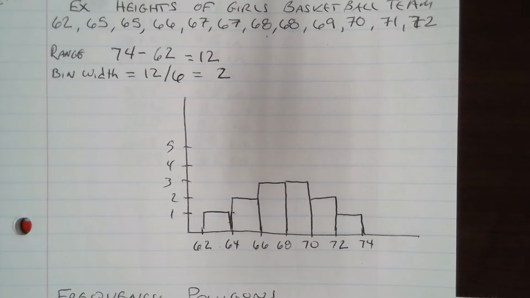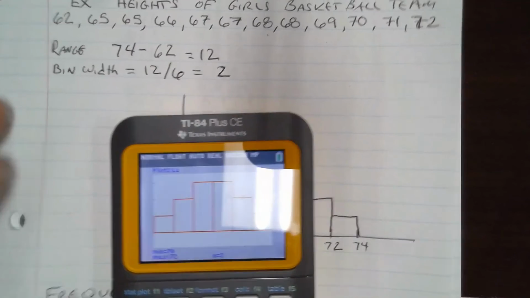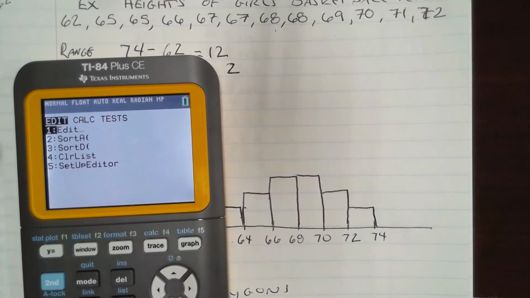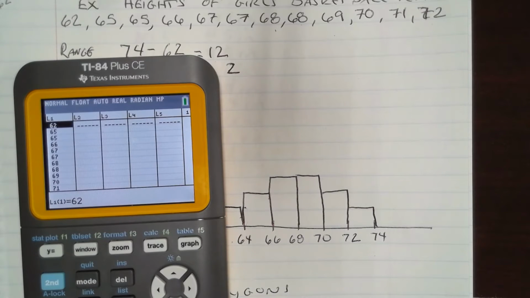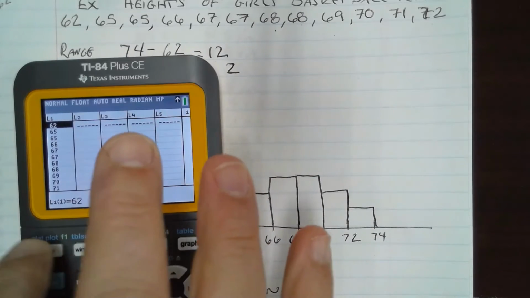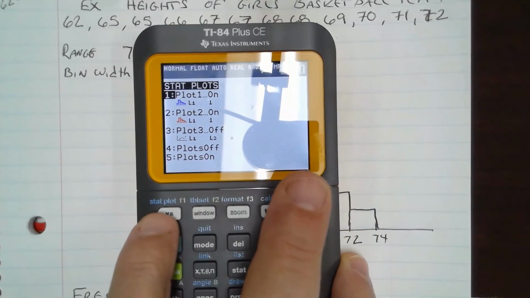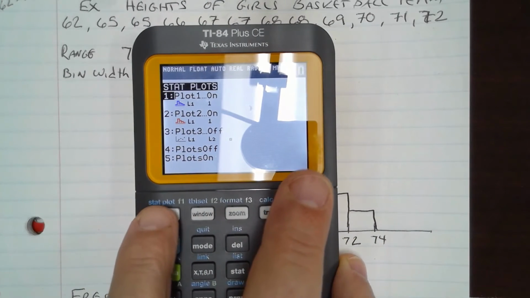Look, if I do it in my calculator, I put all my data in, then I go second, Y equals, because that's called the stat plot. What class is this? Statistics.